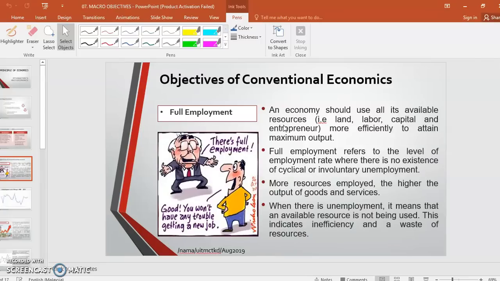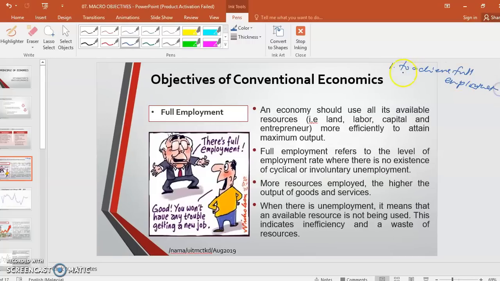Actually there are 5 macroeconomic objectives. Number 1 is to achieve full employment.